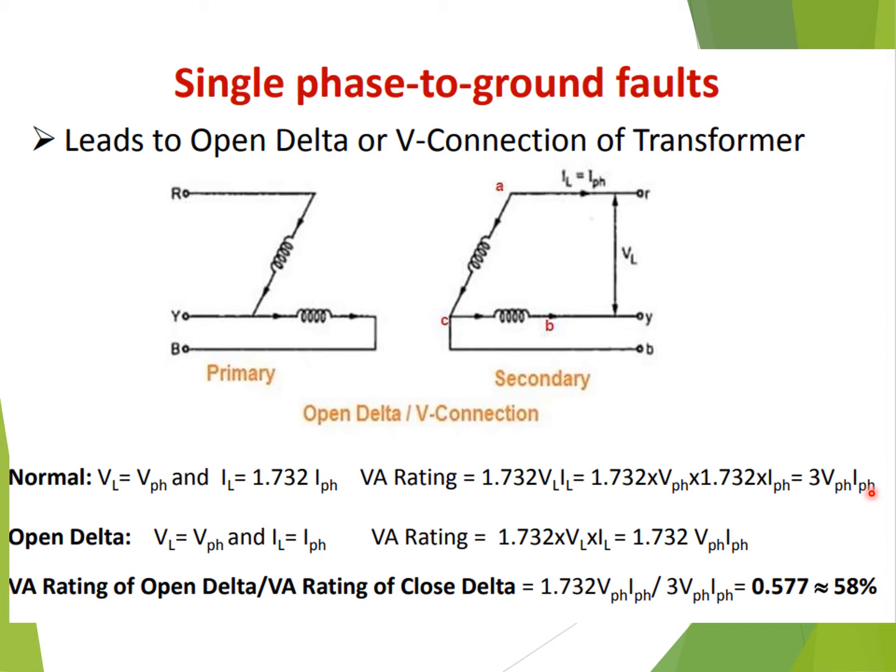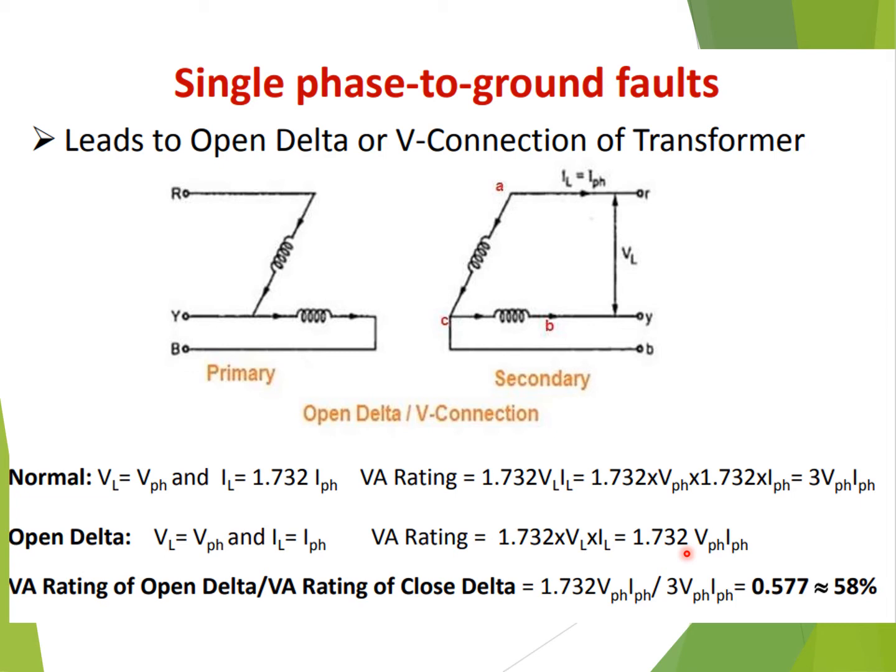That is the normal case, but coming to the open delta case, unlike the normal case, IL is equal to I phase and VL is equal to V phase, and the VA rating is 1.732 VL IL, which gives 1.732 V phase I phase, which is equal to root 3 V phase I phase. So for normal, the VA rating is 3 V phase I phase, and for open delta, it's root 3 or 1.732 V phase I phase.